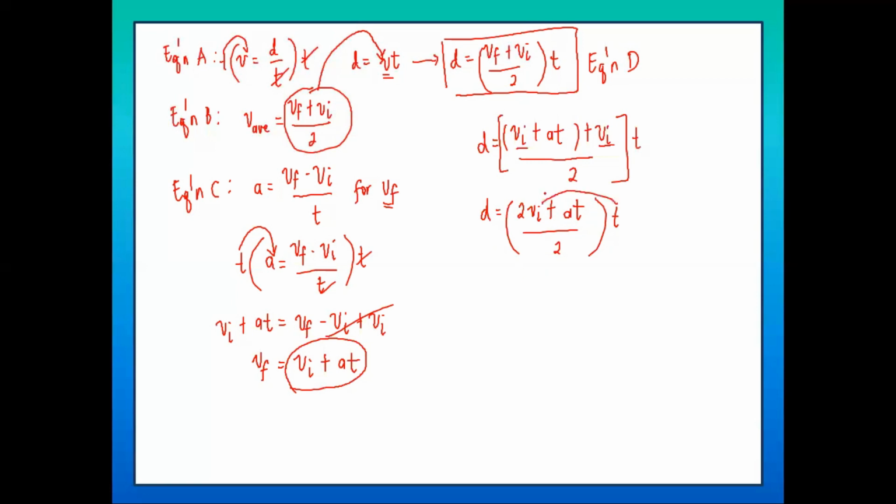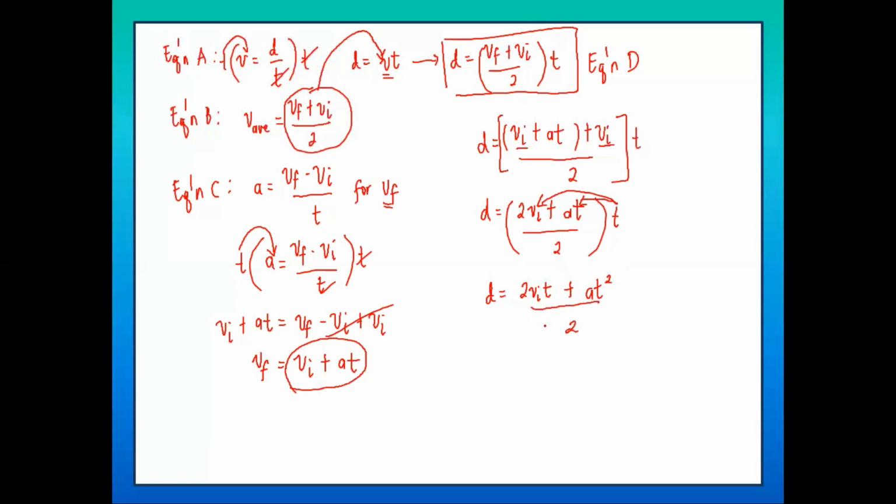So distributing this to this, it becomes D is equal to 2VIT, plus AT multiply to T, kaya AT squared over 2.